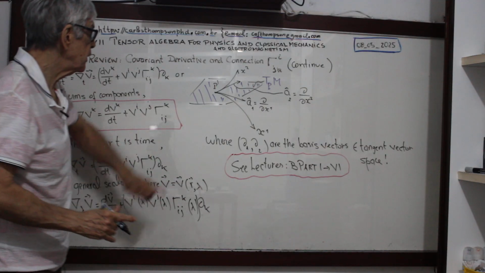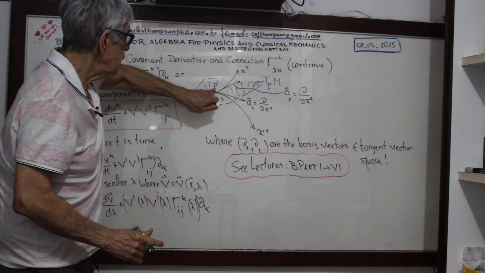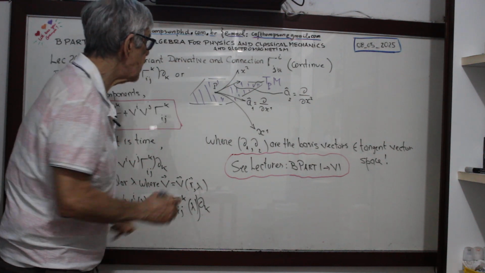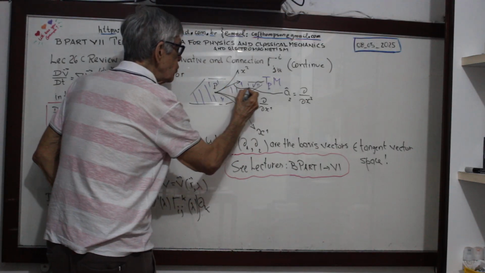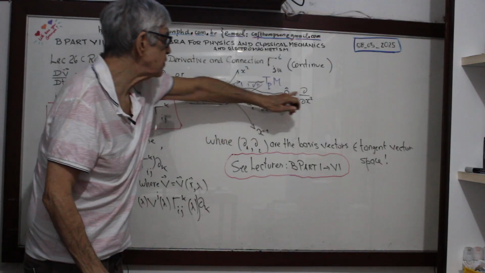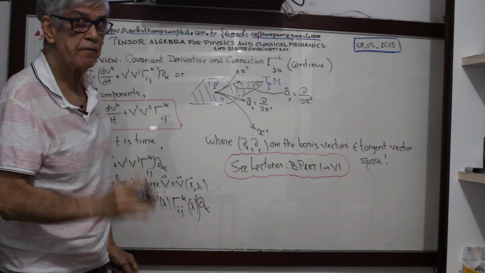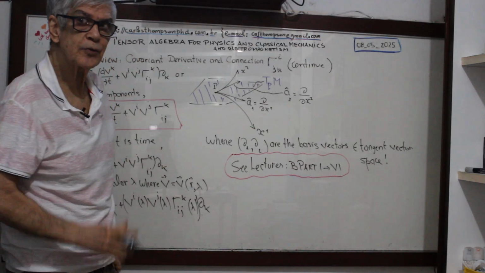And remember that on the tangent plane here at point P, this is the basis vector A1, and this is A2. You see, A2 is just over there. So this is a basis vector which belongs to the vector space. Don't confuse it with the dual.